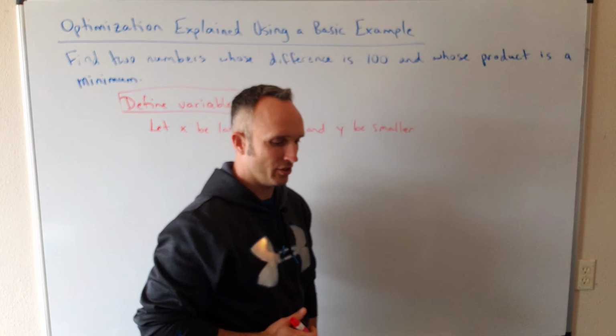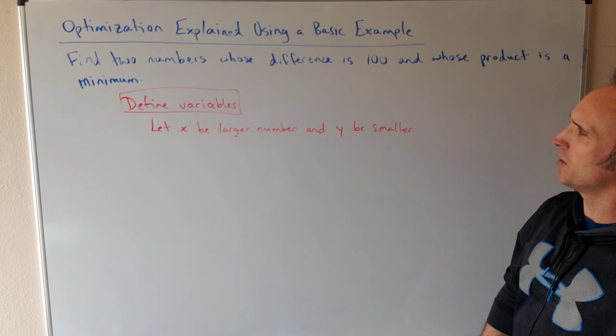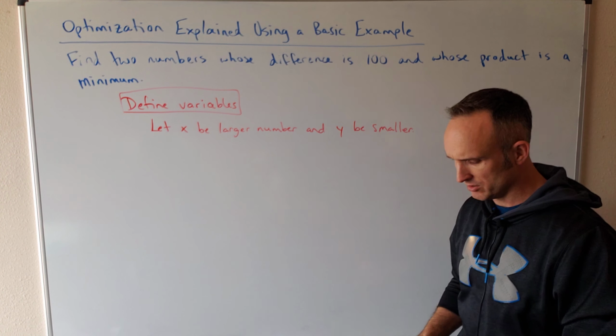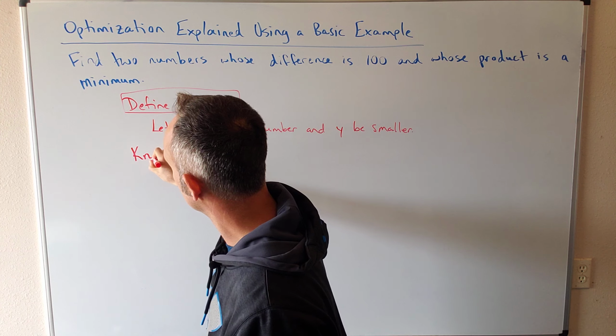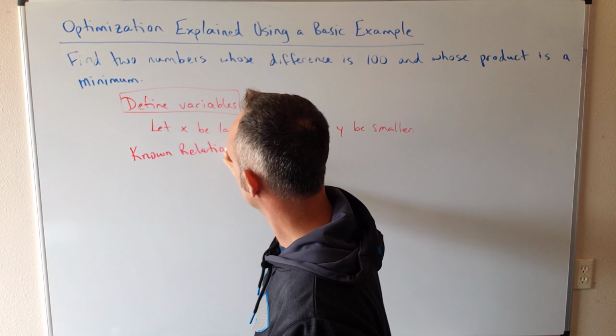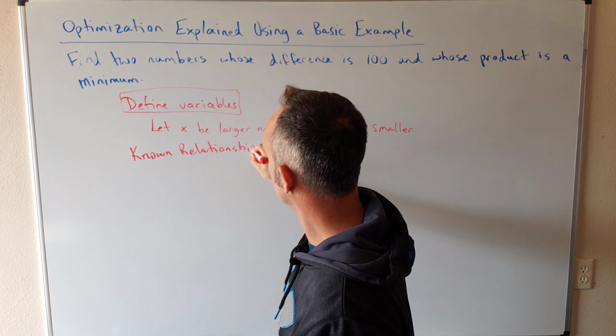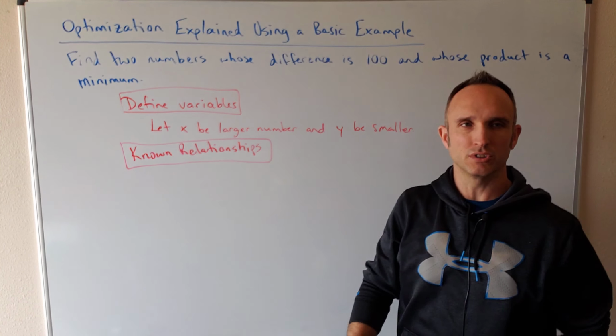The next thing we need to do is start to describe the relationships in the problem. So the first thing we need to do is look at any known relationships. These typically result in equations.